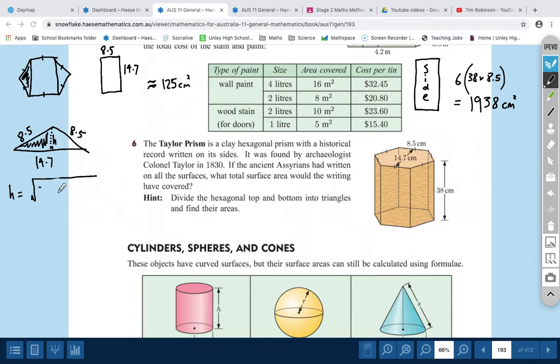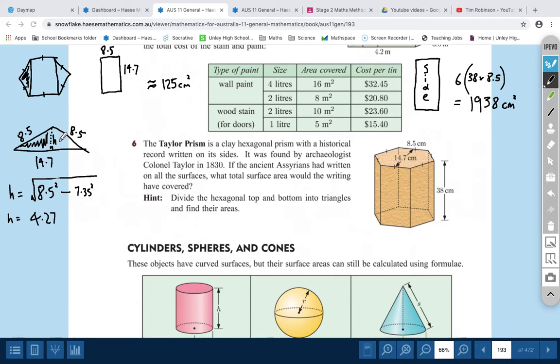The long side is the 8.5. 8.5 squared minus half of this 14.7 would be 7.35 squared. And I get a height equal to what? Calculator. Square root 8.5 squared minus 7.35 squared equals 4.27. So that height is 4.27.